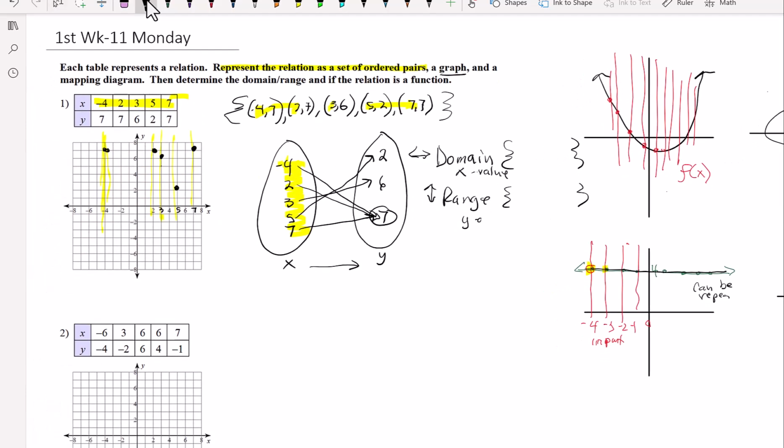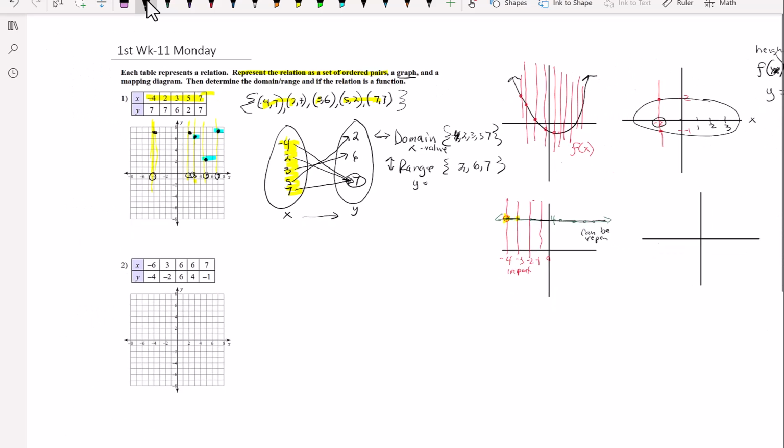We have negative 4, 2, 3, 5, and 7. Now let's look at the heights. We have a height of 2, a height of 6, and a height of 7. So that's the domain and range.